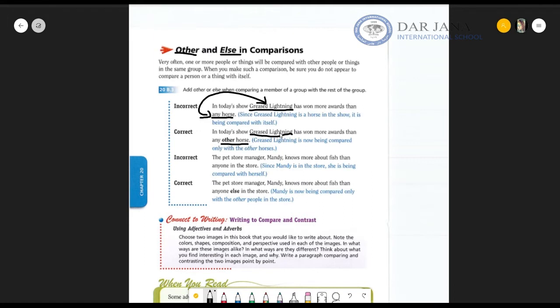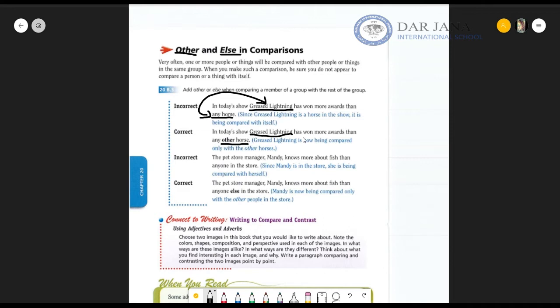So now we have separated the two things being compared, and Greased Lightning is no longer being compared to itself; it's being compared to the other horses that did not win as many awards as Greased Lightning. So again, this type of incorrect comparison focuses on comparing members of a group to themselves.